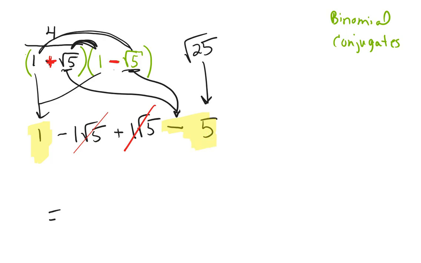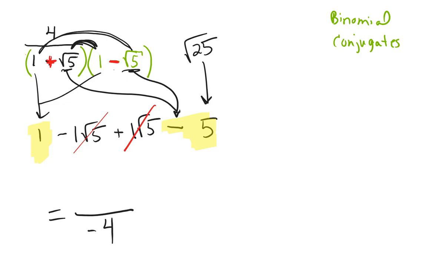And that makes my denominator 1 minus 5, a negative 4. But keep in mind, that stuff that I'm doing right there is just rationalizing the denominator, which means you've got to get rid of the radical in the denominator.